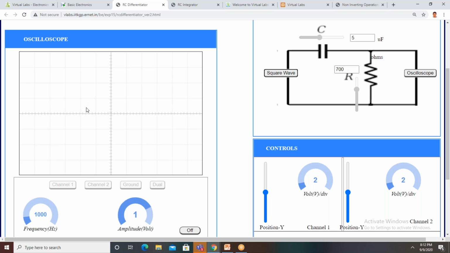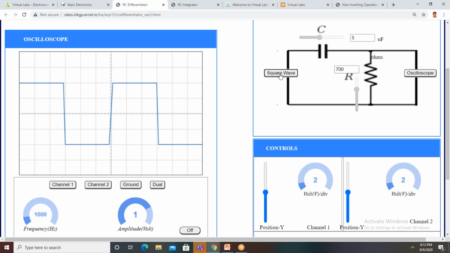It generates spikes, positive spike and negative spike. These are used as trigger signals in our bistable multivibrator and monostable multivibrator. Okay, if you want to see both input and output, you click on Dual.